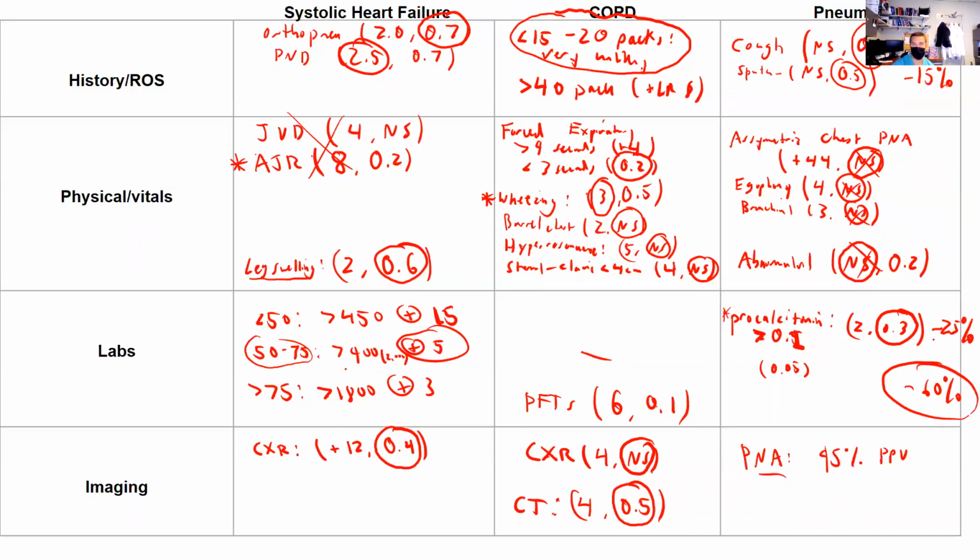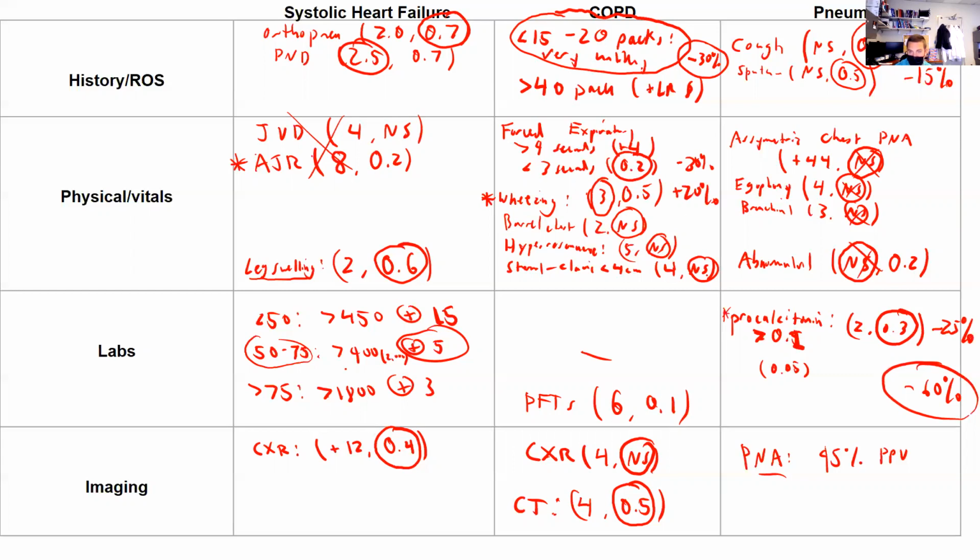Let's go through COPD, and I think COPD is where your physical exam is very, very helpful, right? First, I don't know how much this decreases it, but I'm going to say negative 30% because he barely smoked. This was super helpful, 0.2, so negative 30% for COPD. He did have wheezing, which was 2, so that's probably about negative 20%.